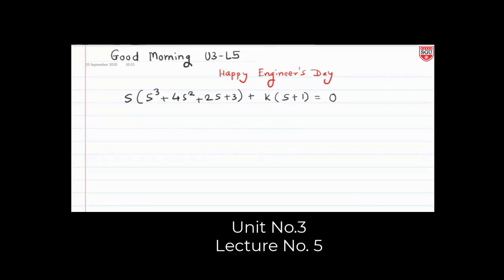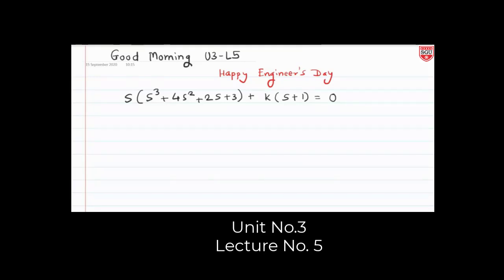This is the characteristic equation given to us for finding the values of k so that the given system is stable. So what I am expecting now is that you give the answers and I will proceed with solving the problem.